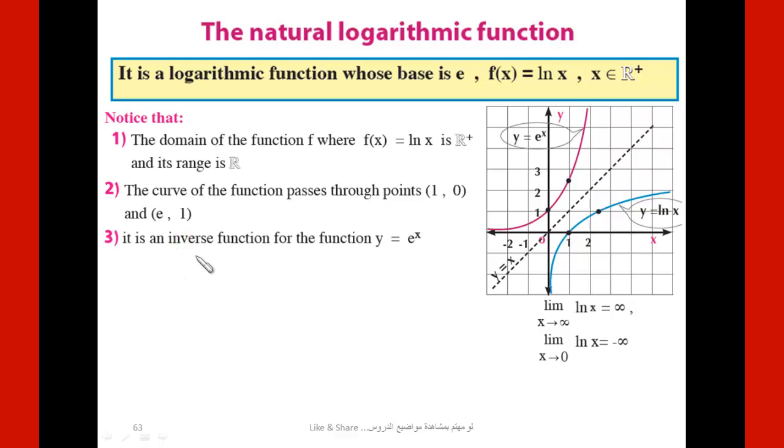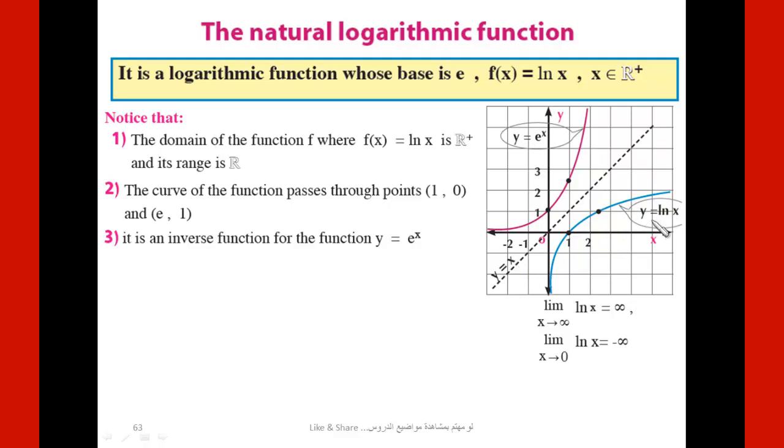It is an inverse function for the function y equals e power x, and this is clear from the graph. Here we have y equals e power x, and this curve is y equals ln x, and this straight line is y equals x.